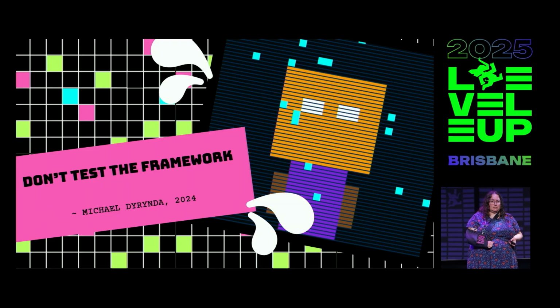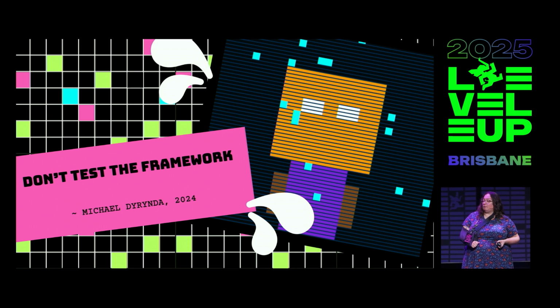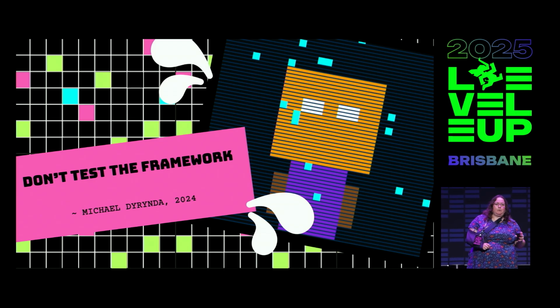And finally, please, for the love of everything that's good, don't test the framework. As Michael so embarrassingly publicly reminded me about 18 months ago when I jumped into PHP Australia Slack and I was like, hey, having this real problem with this test. I'm doing actingAs, and I've got this event listener for the login function, and none of my assertions are working.